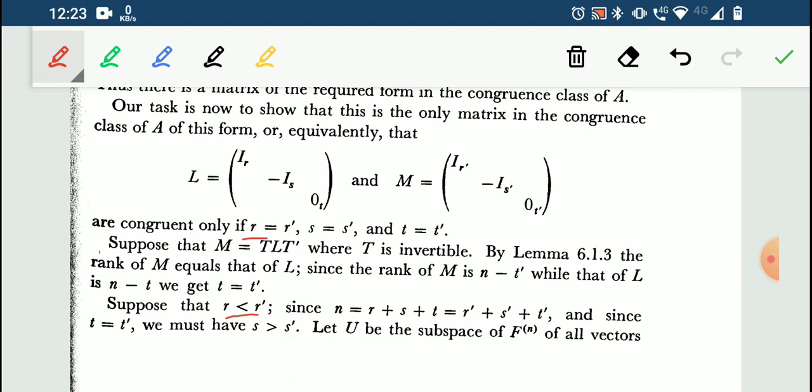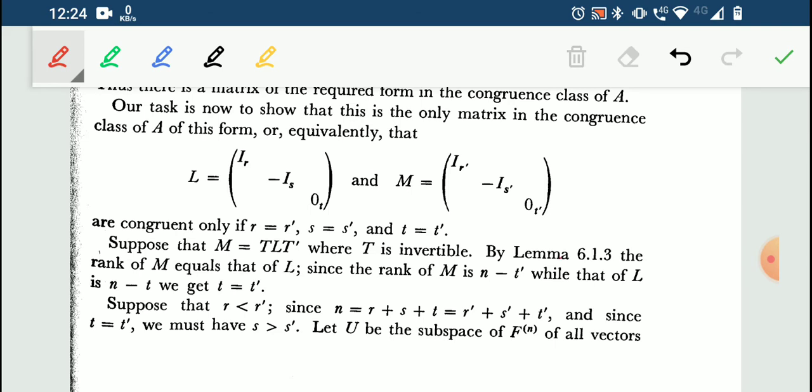Now since the total dimension of this whole thing, that is, if you have an n cross n matrix, the total number n, the dimension of the vector space, will be equal to R plus S plus T, the number of rows in this, the number of rows in this, and the number of rows in this, same as R plus S plus T dash, because n is the same, the total number of rows will be the same, that is n only.